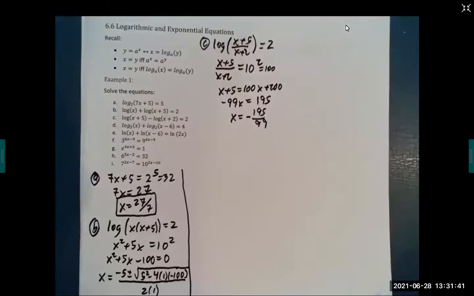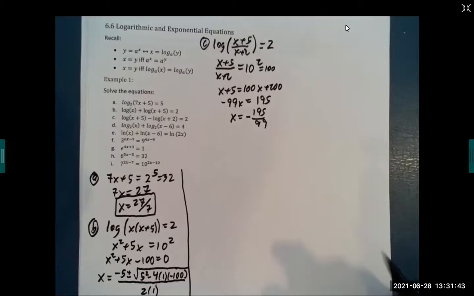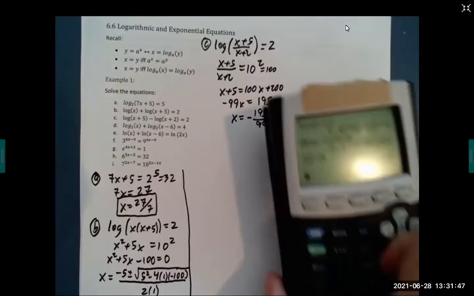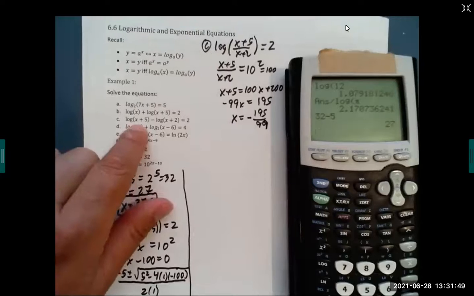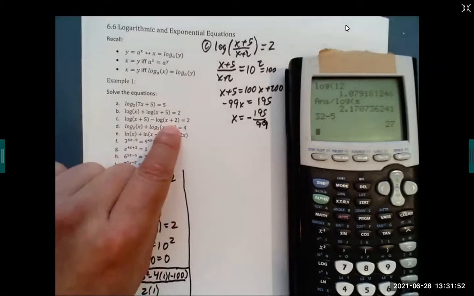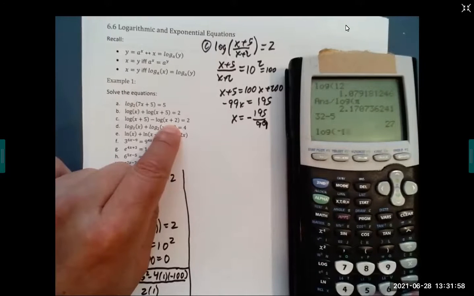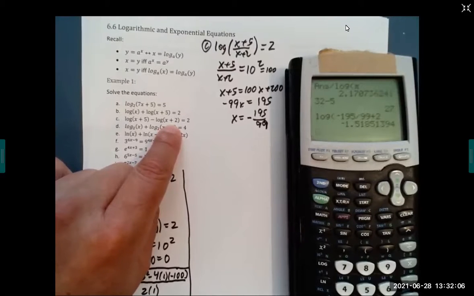Now we have a problem. Let's plug that in to here. We'll do it here. So log of negative 195 divided by 99 plus 2. Oh, we're fine. Oh, barely.